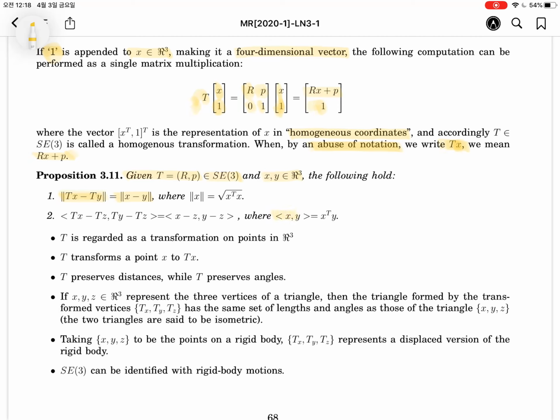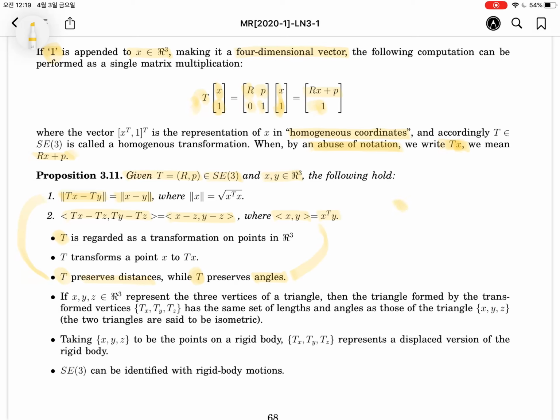On the other hand, the inner product will be denoted by the bracket like this. In the same way, the transformed inner product will equal the original product. So the transformation T preserves distance and T preserves angle, because the inner product is the same and the magnitude is the same. From here, we can know that the transformation preserves distance as well as angle.